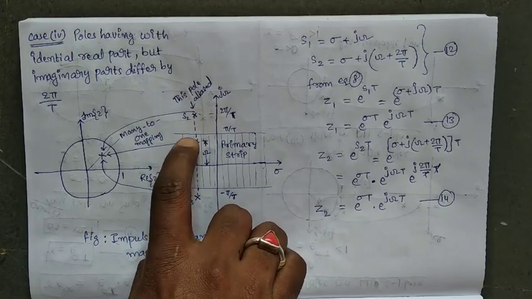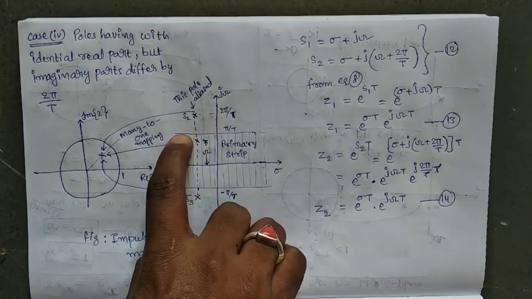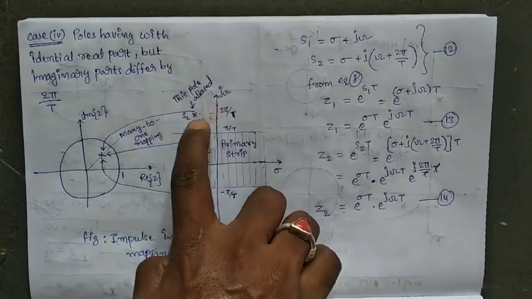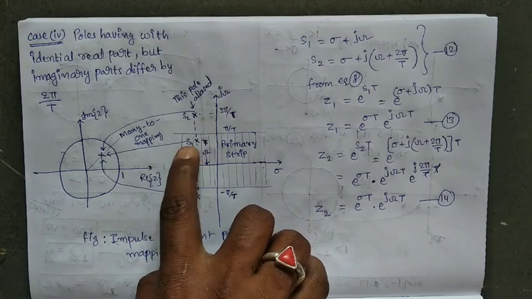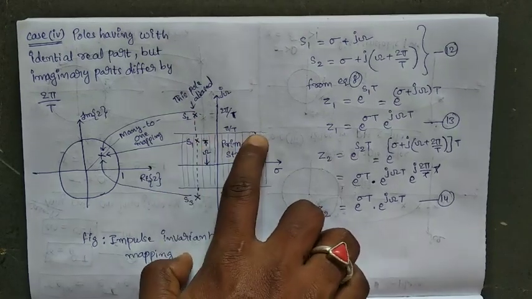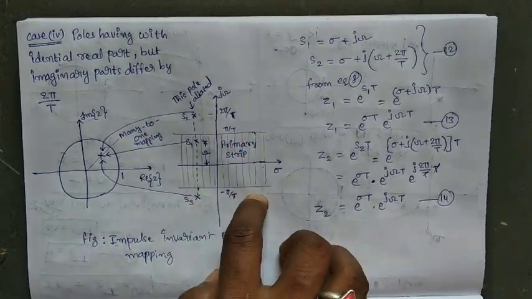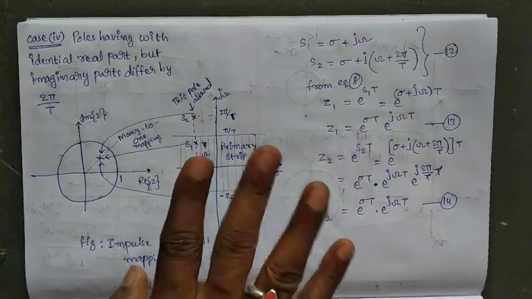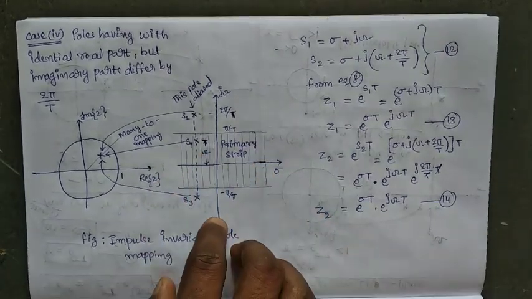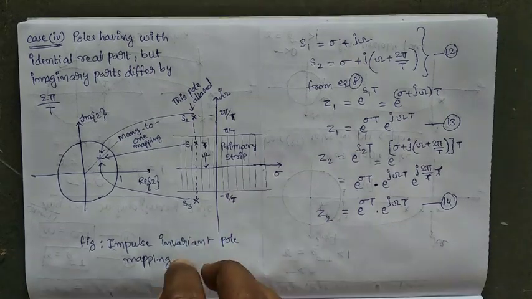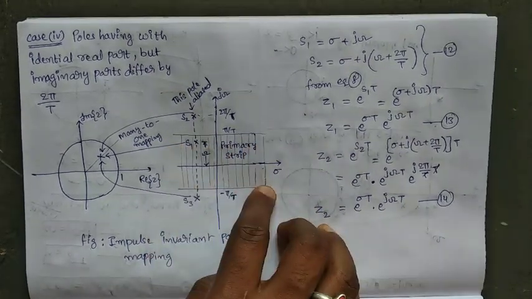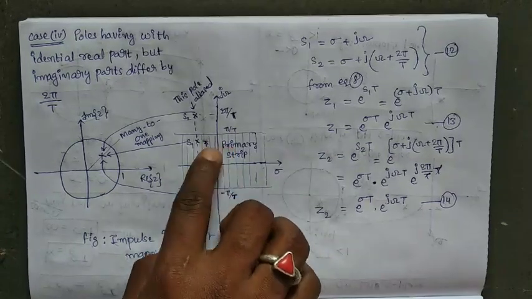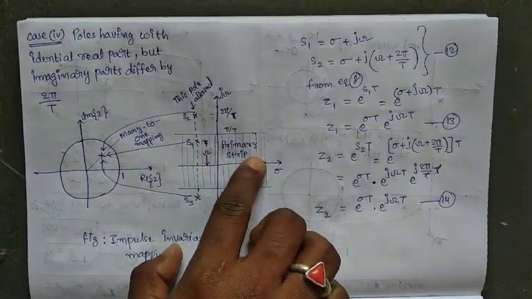That means S-plane poles with imaginary part greater than pi by T or less than minus pi by T cause aliasing when sampling the analog signals. The analog poles will not be aliased if they are confined within the primary strip.